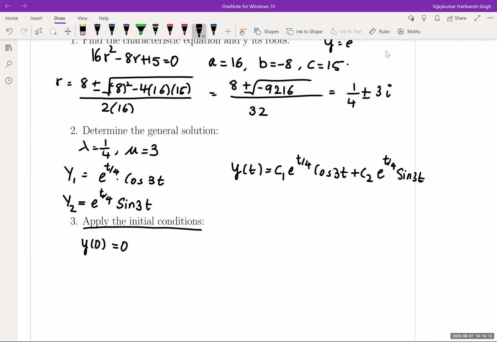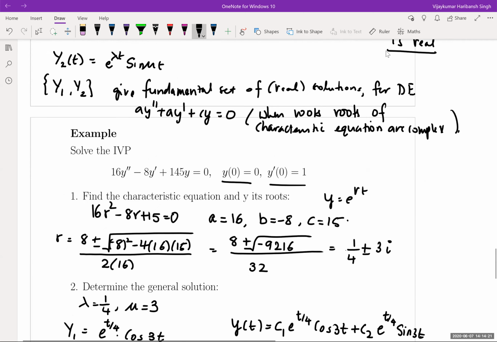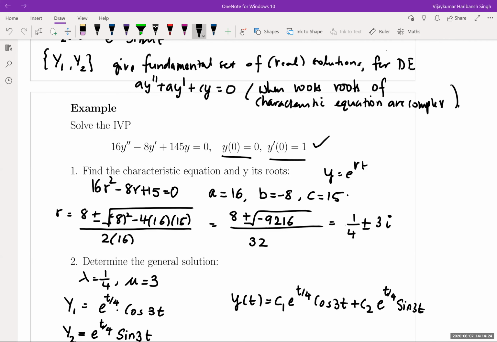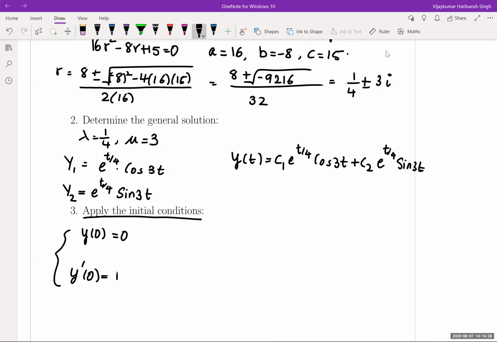This is what is given to us, and what is the other thing given to us? y prime of 0 is given to us as, let's go up and check, y prime of 0 is given to us as 1. I'm going to write that here.